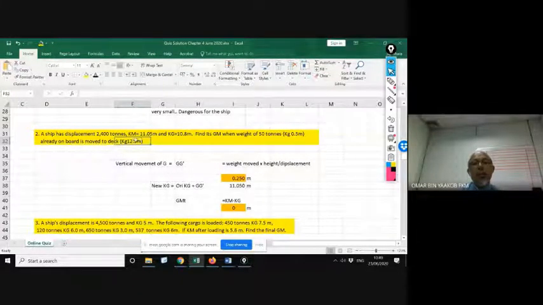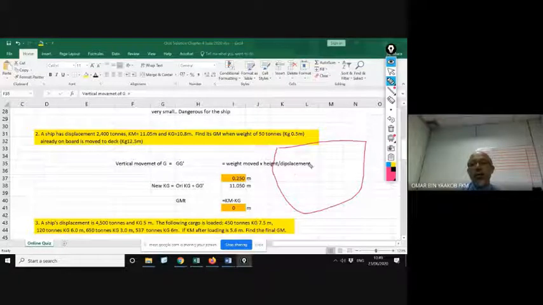Okay, weight already on board. So it's just a matter of movement of weight. So this weight is moved from 0 KG 0.5. So it is similar to that sheet that we saw just now. It is like this. So you have a weight from down here.